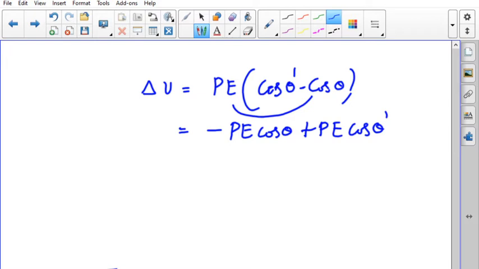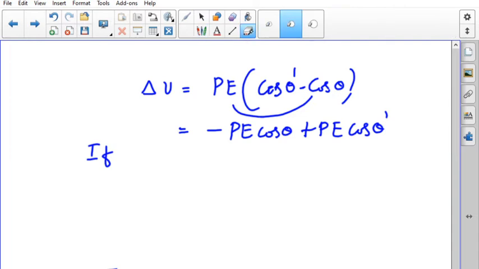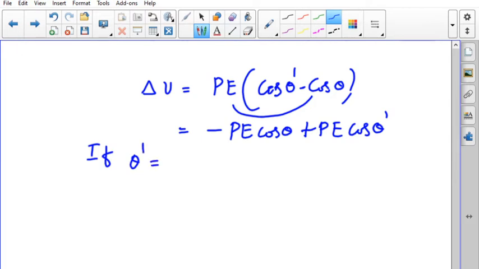Suppose this angle theta dash is taken as 90 degrees, which is the initial angle. Why have we taken this as a reference point?